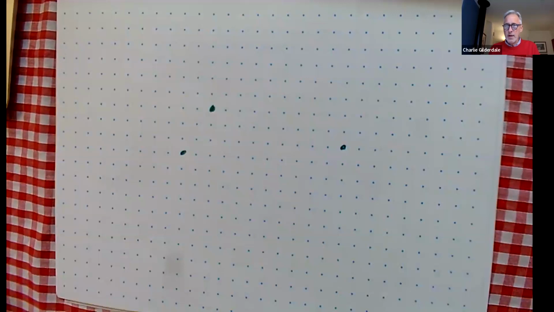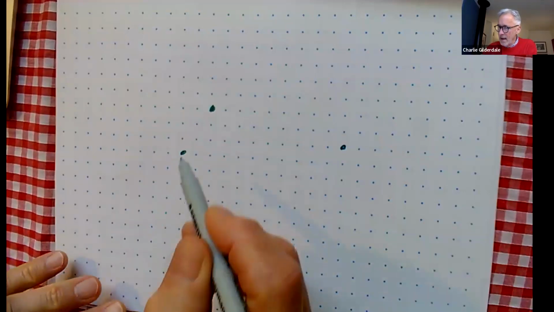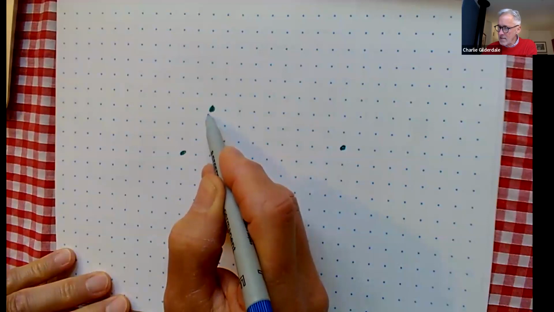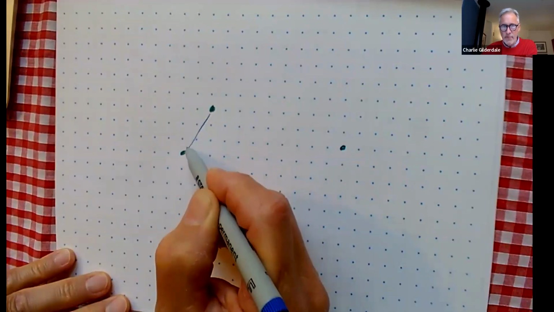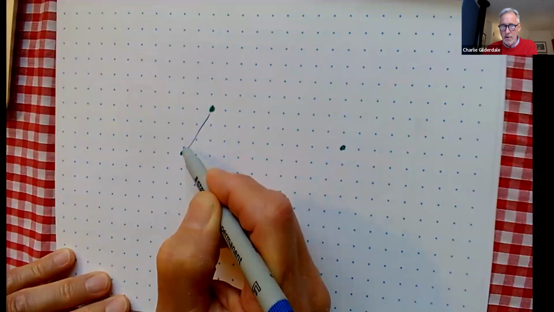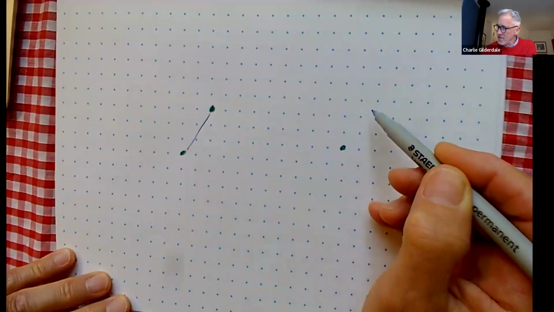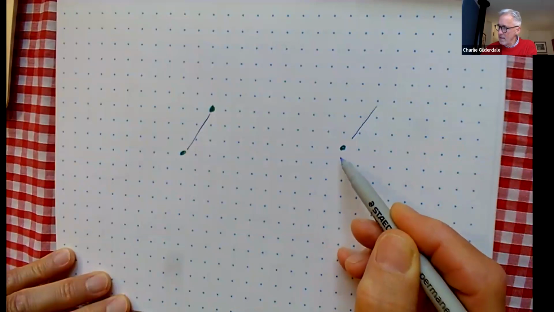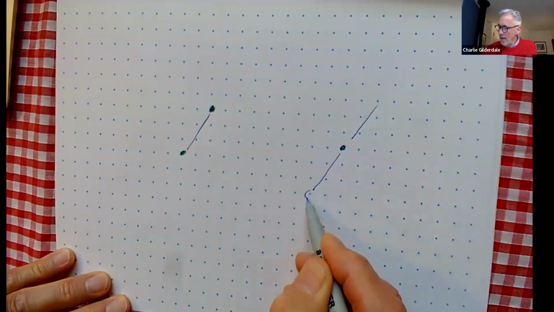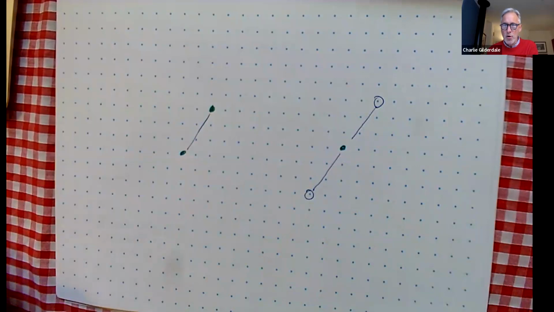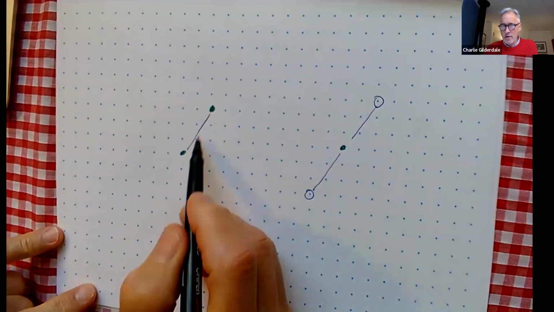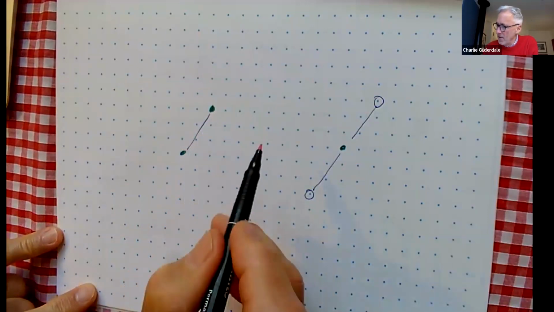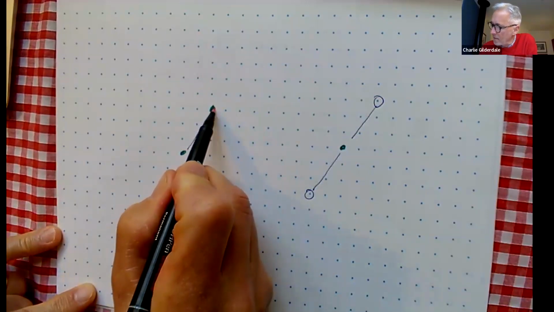Why do I think the computer's not going to be able to stop me? My thinking goes something like this: if this here is going to be one side of the winning parallelogram, then the other side could be there or there. So I've got two other points that it could be at. But I might decide that this is not going to be one side of the parallelogram, that this is going to be one side.